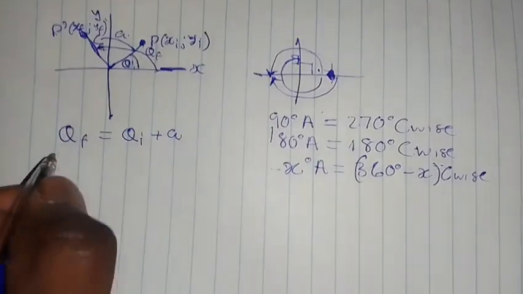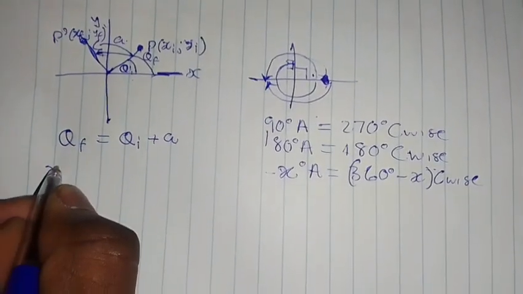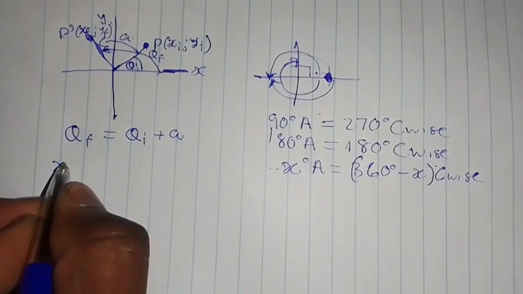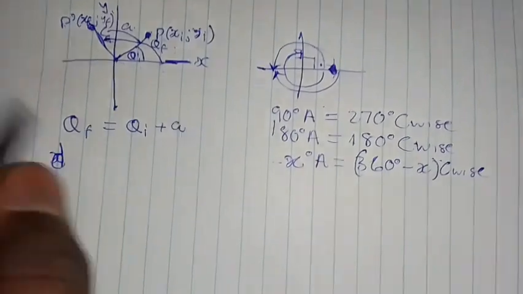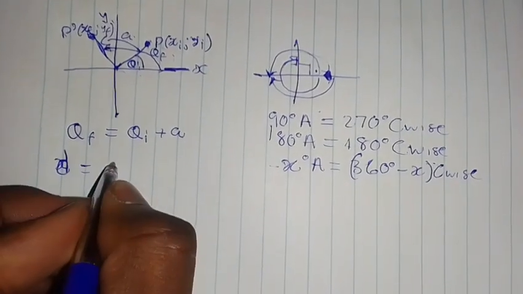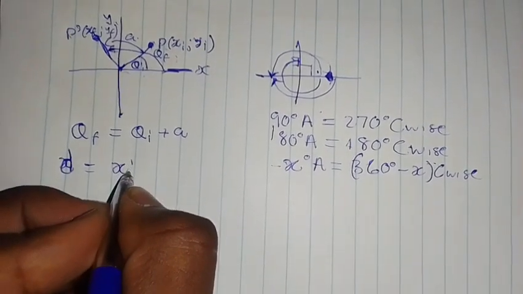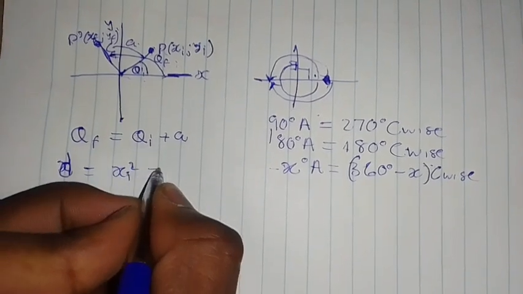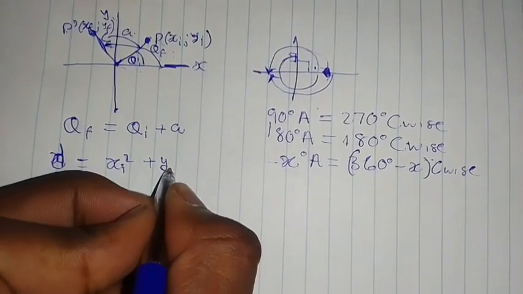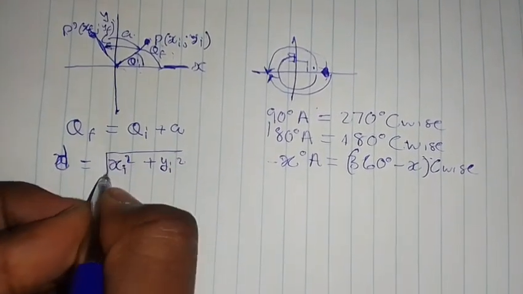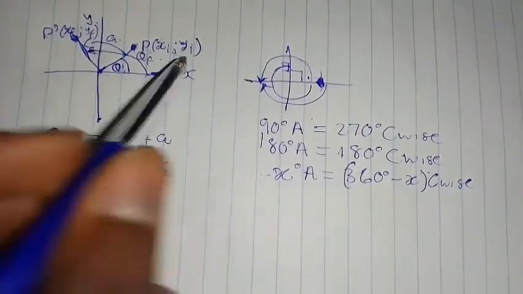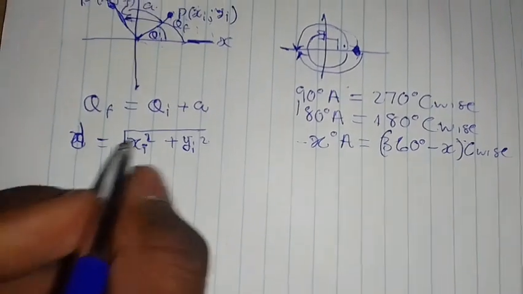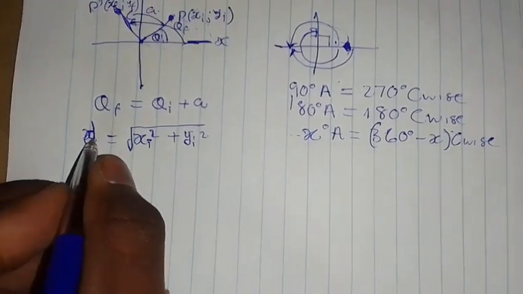So to find the new x coordinate, you have to find the distance between this initial point and the origin. The distance is just the square root of xi squared plus yi squared, the initial x coordinate squared plus the initial y coordinate squared.